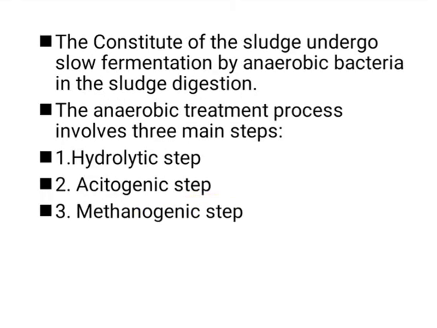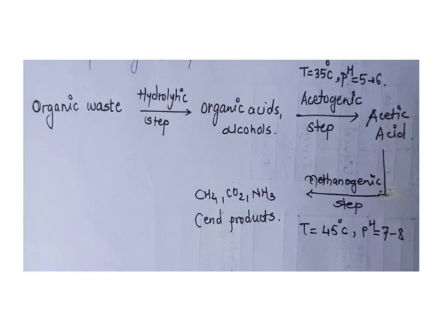The constituents of the sludge undergo slow fermentation by anaerobic bacteria in sludge digestion. The anaerobic treatment process involves three main steps: the hydrolytic step, the acetogenic step and the methanogenic step. Here is the reaction I have given.